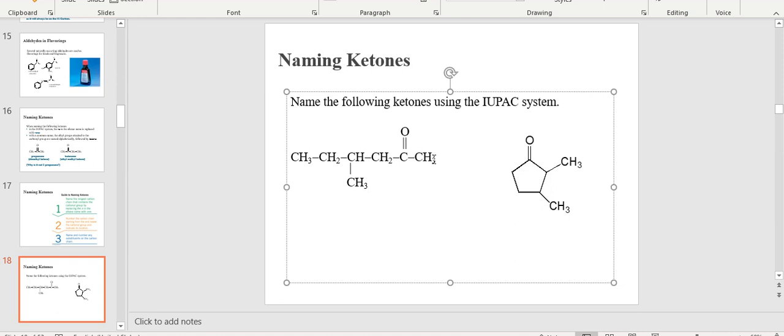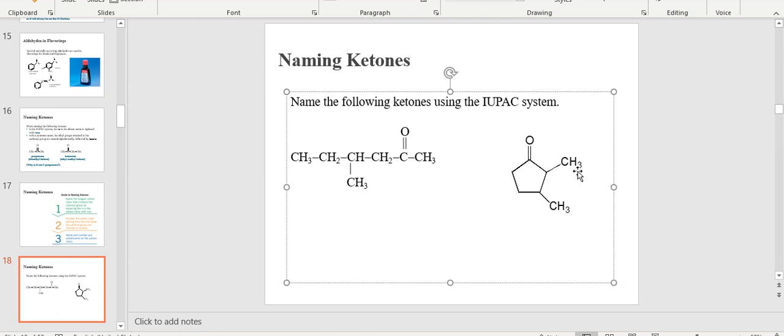Anyway, let's go back here. That would be a 2-hexanone. 1, 2, shortest side, hexanone. What's going on over here? Now, this is not a benzene or anything like this. This is cyclopentane.